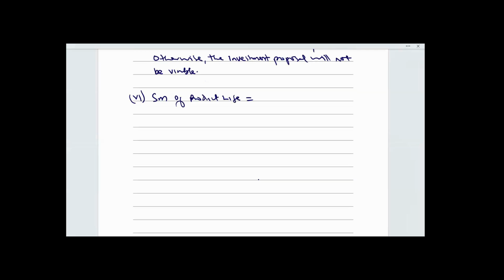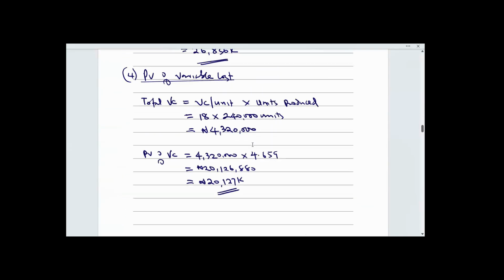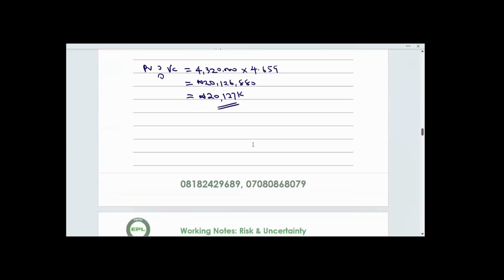And we said that to calculate sensitivity margin of project life, it is calculated as project life minus break-even point of project life, all divided by project life, then multiply by 100 over 1. So which means that we need to first of all go and calculate break-even points of project life. Therefore, I will then come here, working number 5. I want to calculate break-even points of project life.